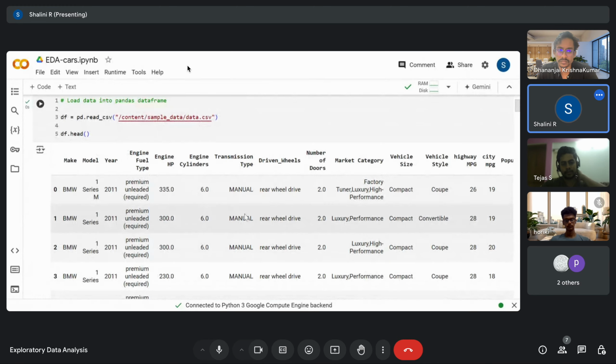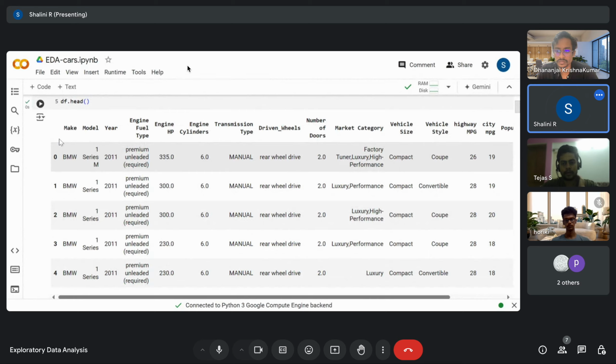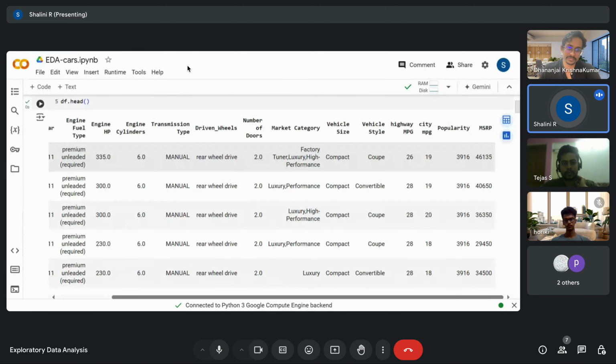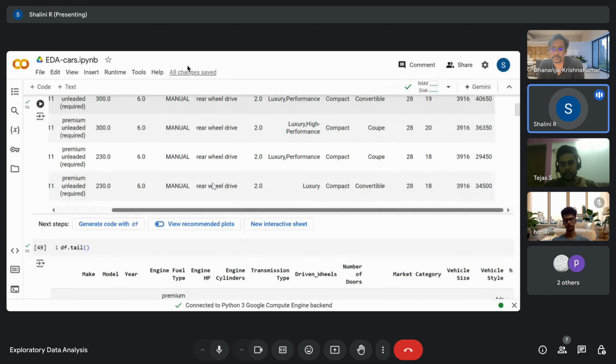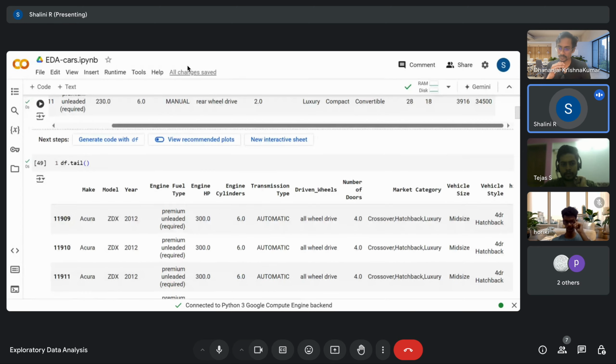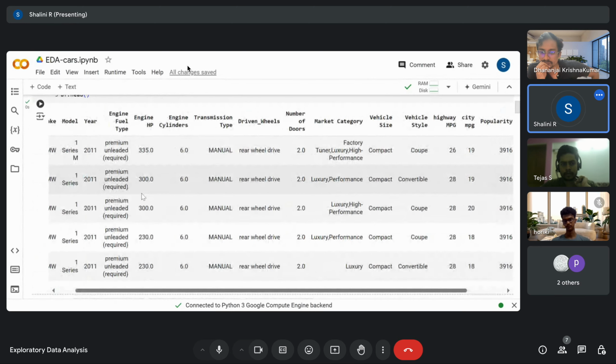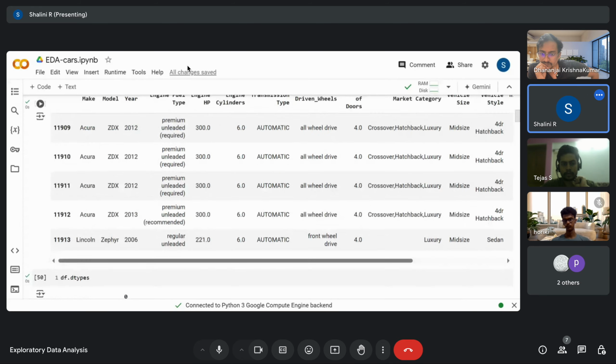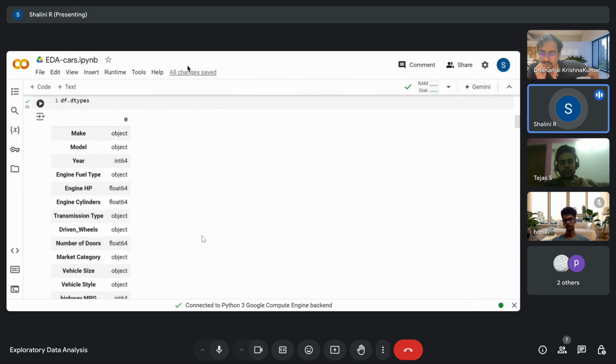These are the columns: the make, model, year, engine fuel type, HP, cylinders. Quite a lot of columns are there. Let me scroll further. So this is just displaying the data and the types.